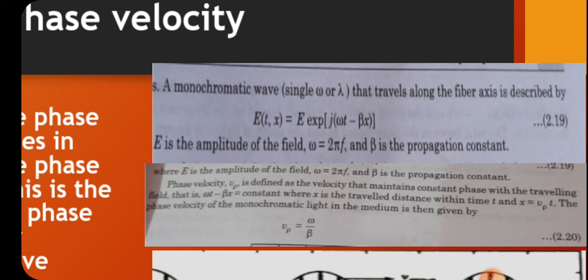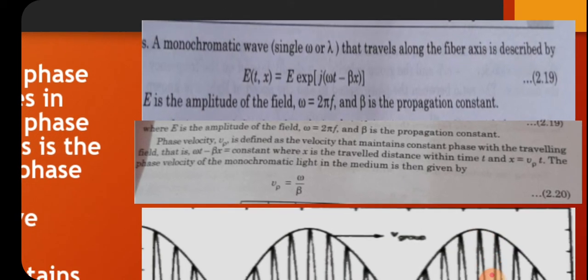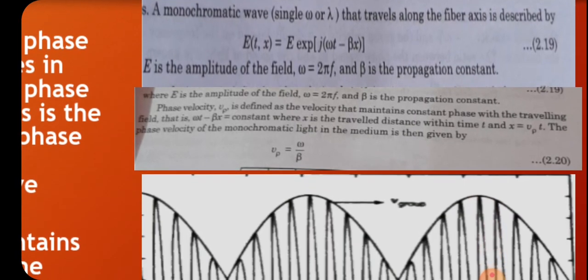Now we can say phase velocity, which is represented by Vp, is defined as the velocity that maintains constant phase with the traveling field, and that means omega t minus beta x is equal to constant.